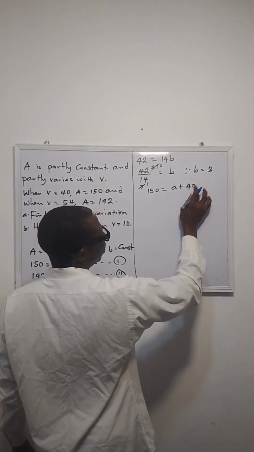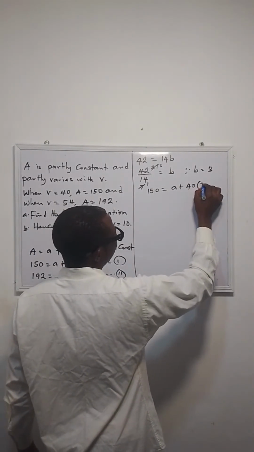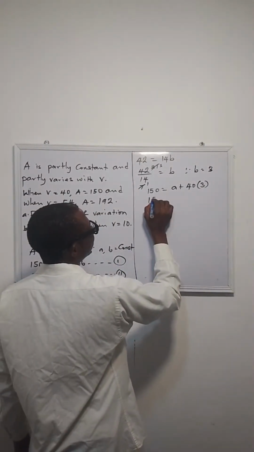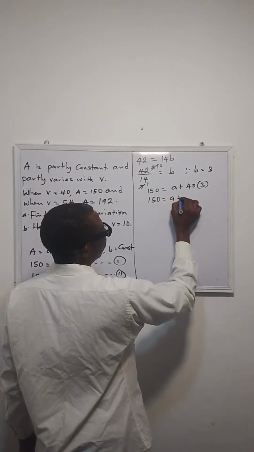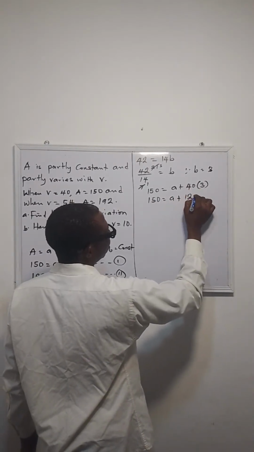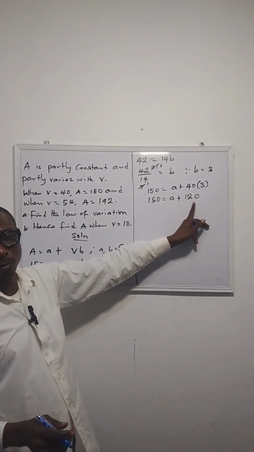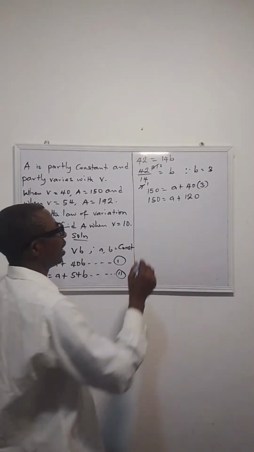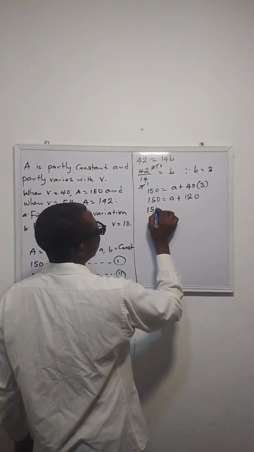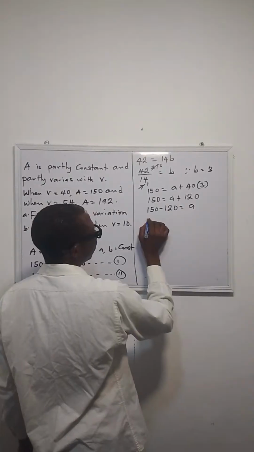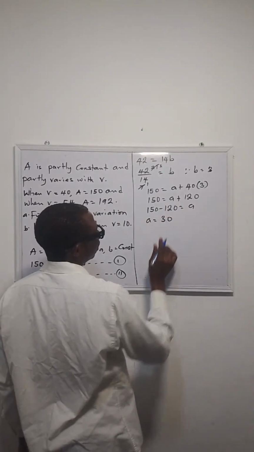Instead of writing b, we plug in 3. So we have 150 equals a plus 120, right? Good. So now you transpose 120. So you have 150 minus 120, that gives you a. So you have a equals 30.